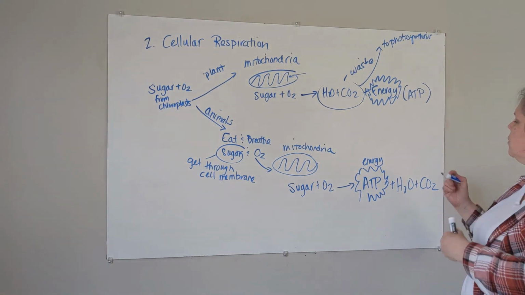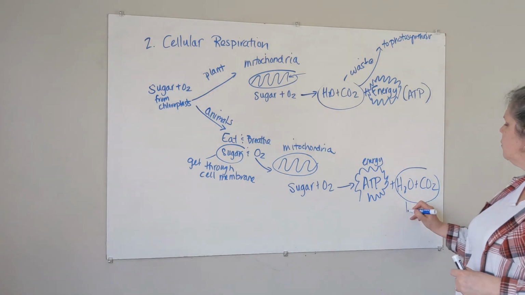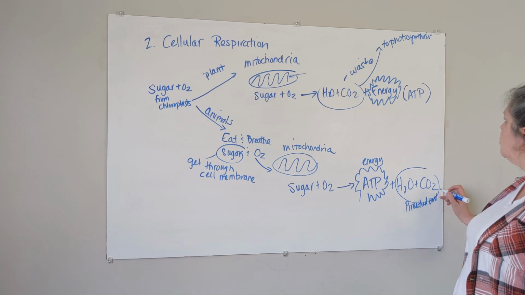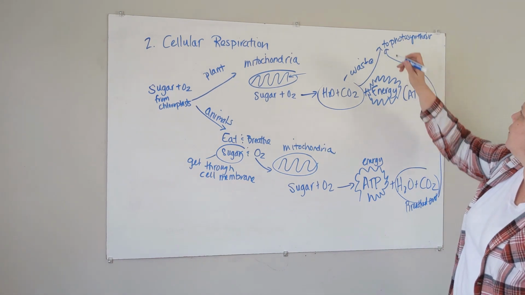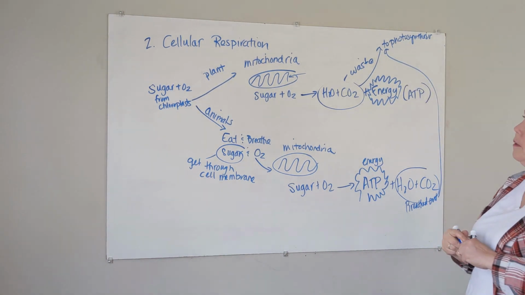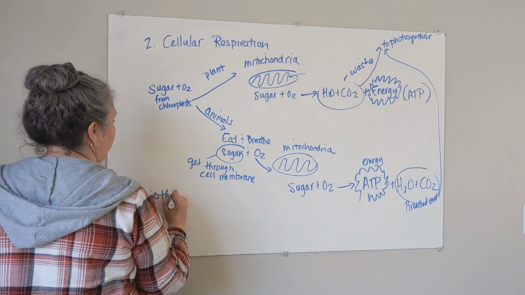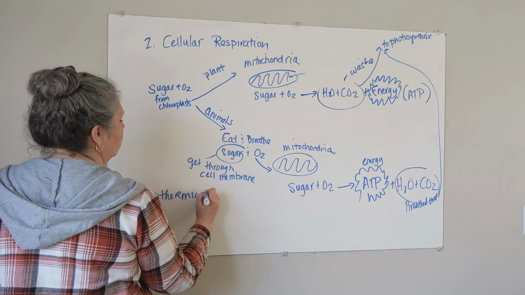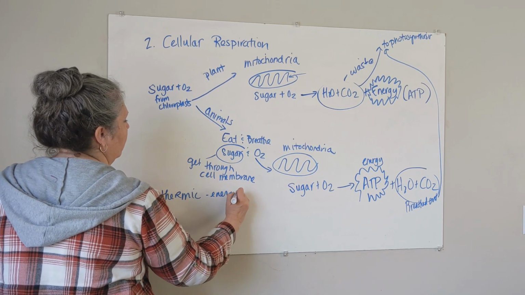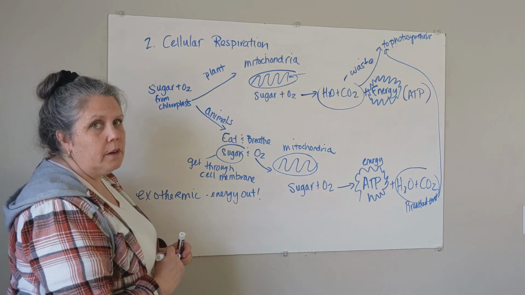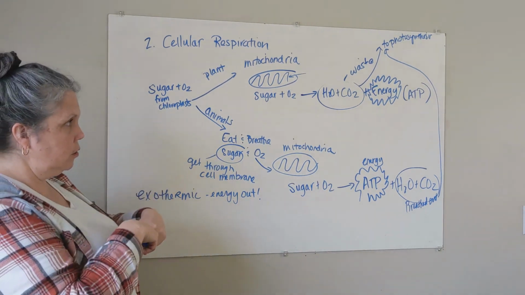But do know also that this can also be breathed out. It can also make its way out in the atmosphere and find its way to a plant. This is an exothermic process because energy comes out. The last one was endothermic. I forgot to tell you that because light goes into this reaction.